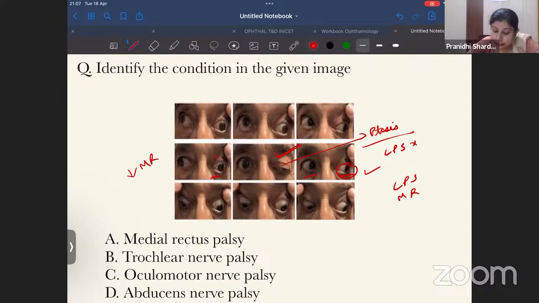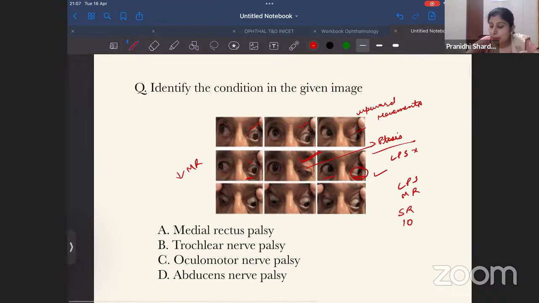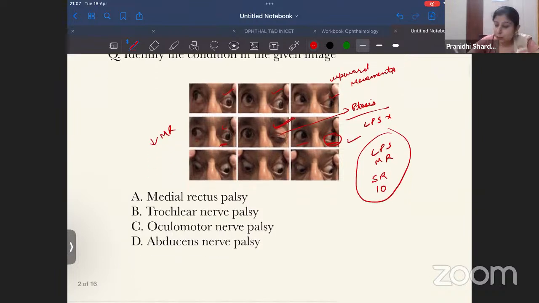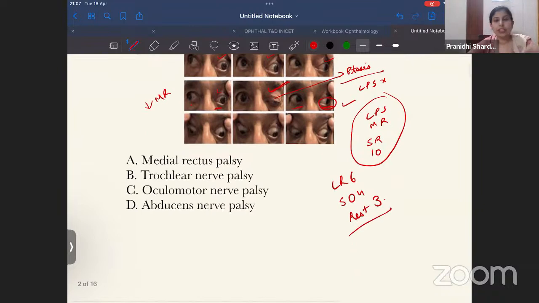If we look at the other images, here we can see there is some problem in the upward movement also. It means either the superior rectus or the inferior oblique, because these are the two muscles responsible for the elevation. So if we combine all of these muscles, by the formula LR6SO4 rest free, the diagnosis is the third nerve palsy.